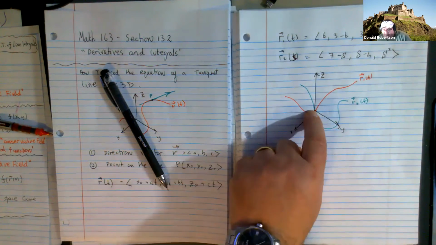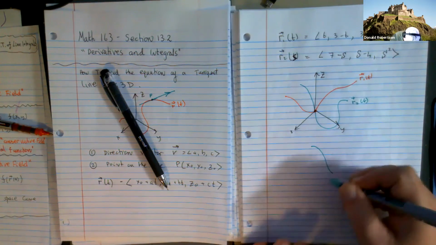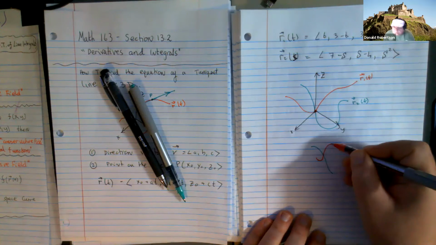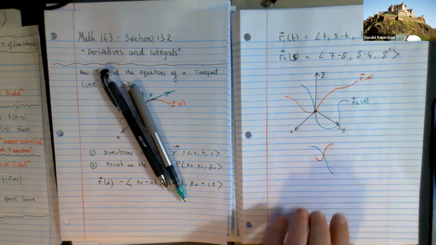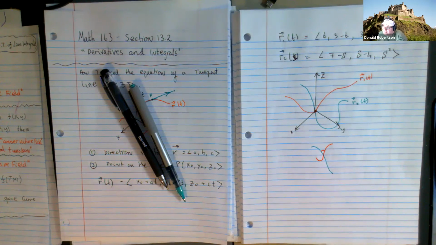And right there, they intersect. If I did a blow-up version of it, can you imagine that it might look something like this? We're being asked to find the angle that they intersect at. Now, if you're wondering how do you do that, it's all to do with derivatives.